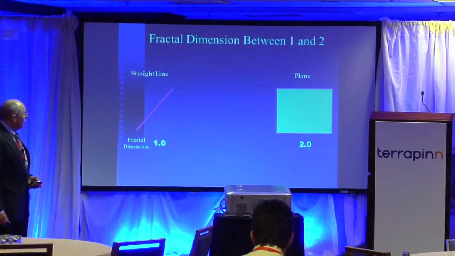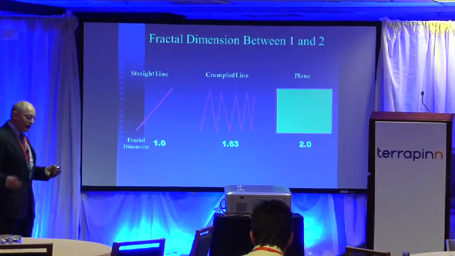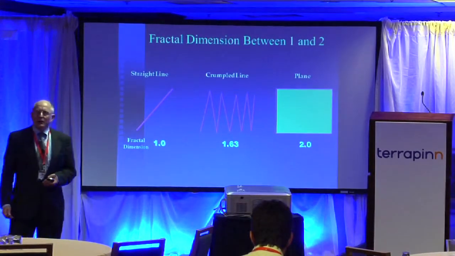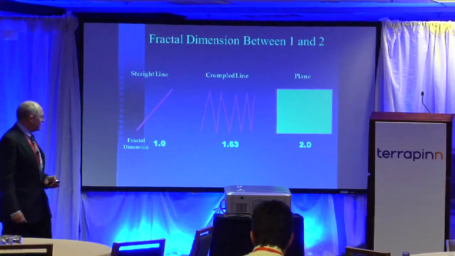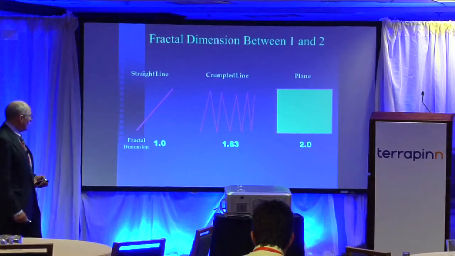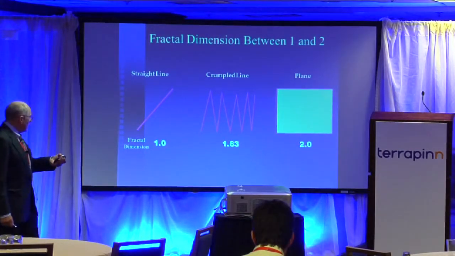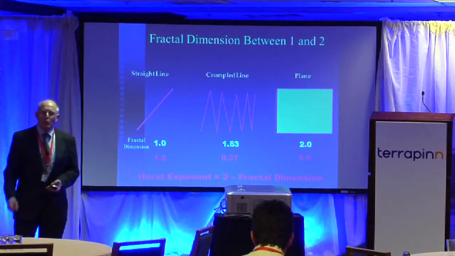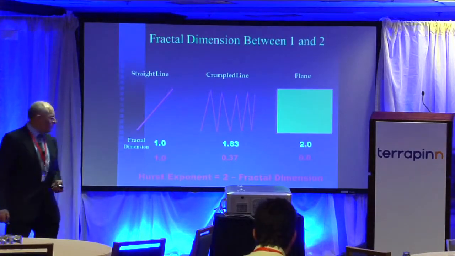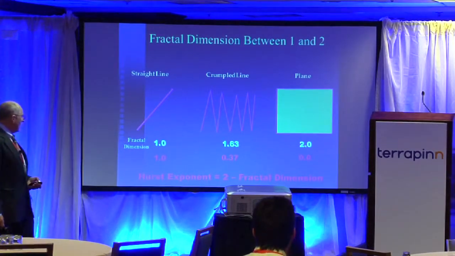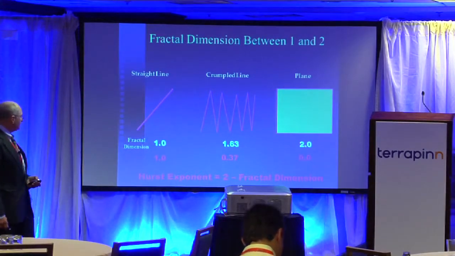Straight line has 1, a plane has 2, but if we take a line and sort of crumple it up, it doesn't quite fill up a plane completely, but it does partially, so it has a fractal dimension of some number between 1 and 2. The Hurst exponent is nothing more than 2 minus the fractal dimension, so it's just a remapped version of the fractal dimension. The Hurst exponent lies between 1 and 0.